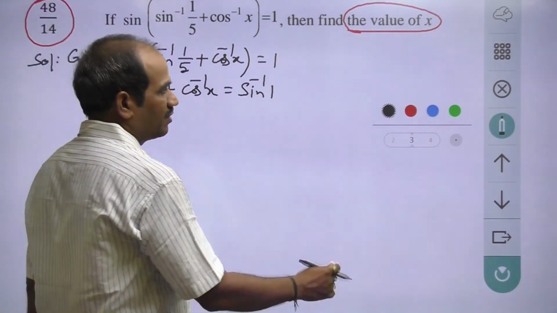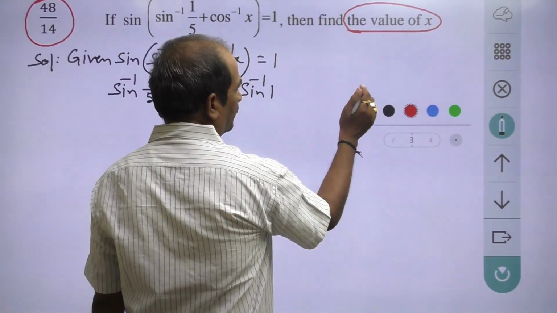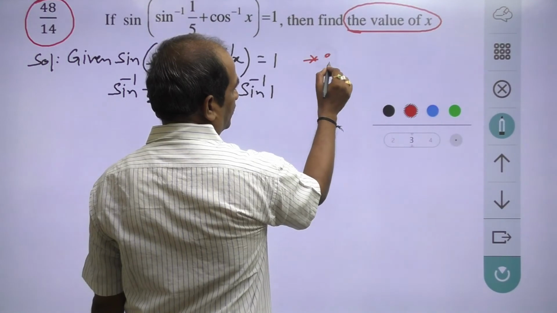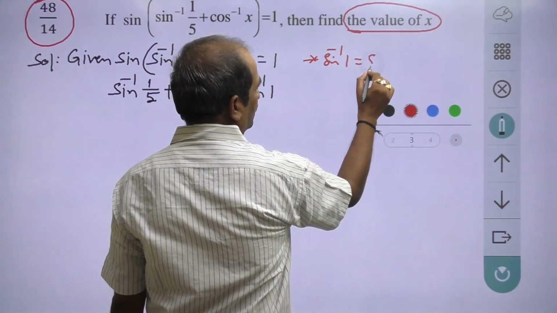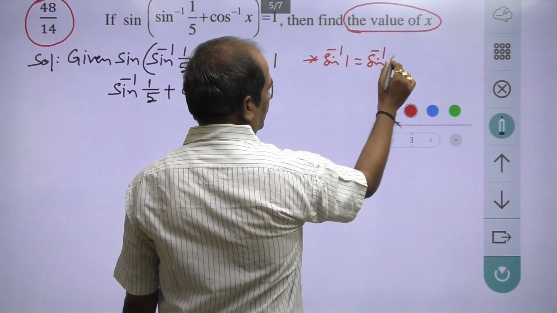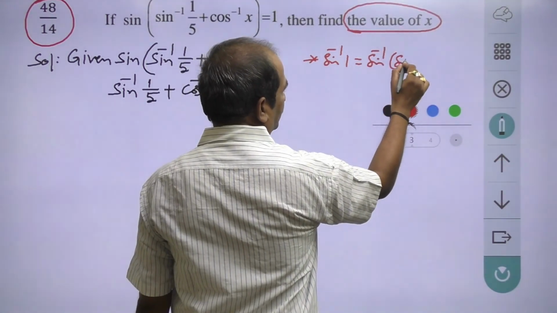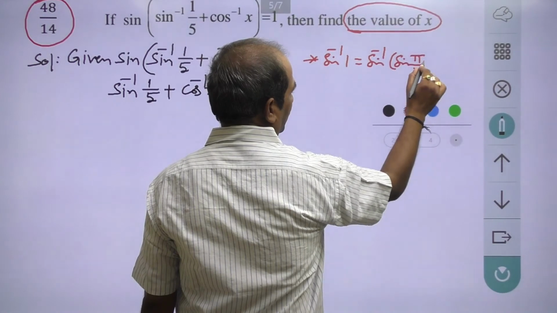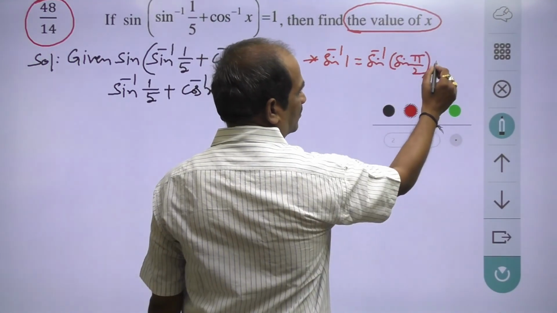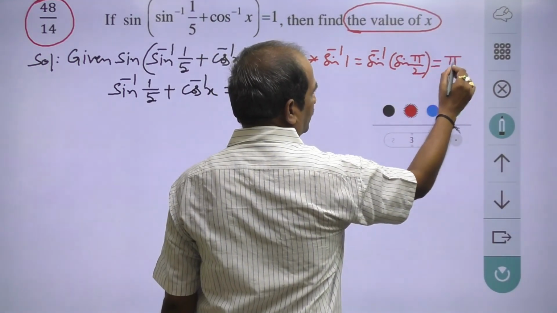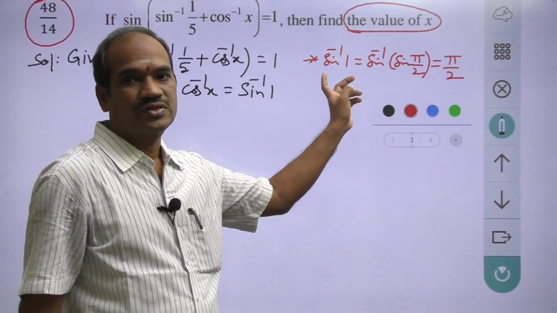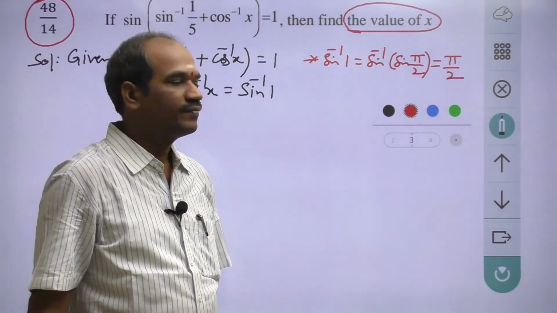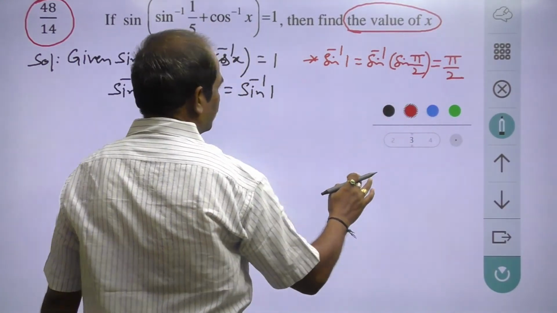Sin inverse of 1 is sin inverse of sin of 90, that is sin of pi by 2. Sin inverse of sin theta is theta, so sin inverse 1 value is pi by 2.